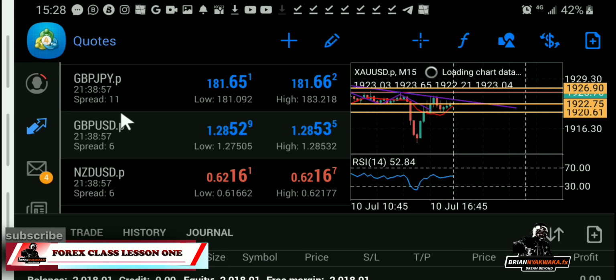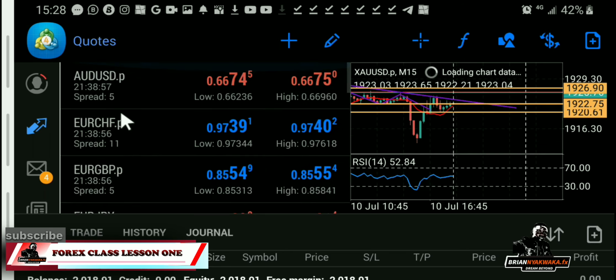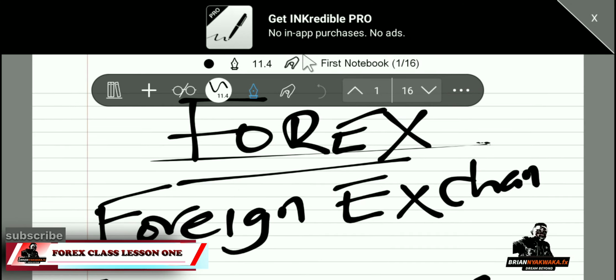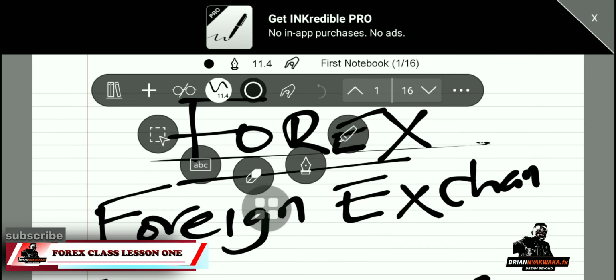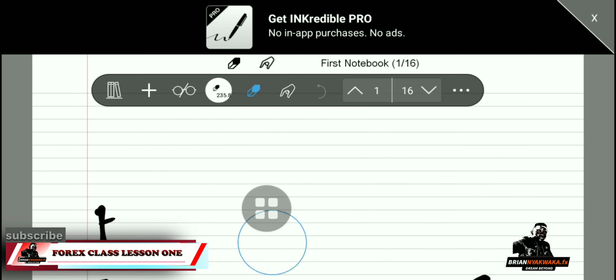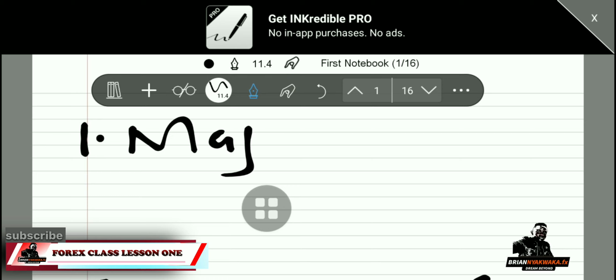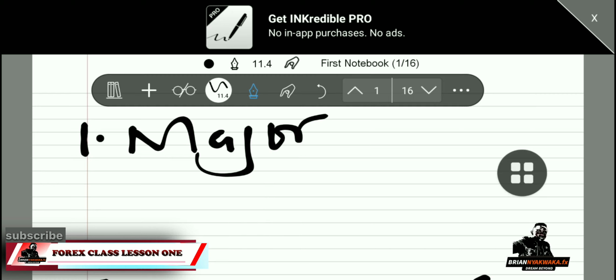We have several pairs, and currencies are always traded in pairs because you are simultaneously buying one currency and selling the other currency. So that brings us to different types of currencies that are being traded in foreign exchange. We have one, major currencies, and two, minor currencies.